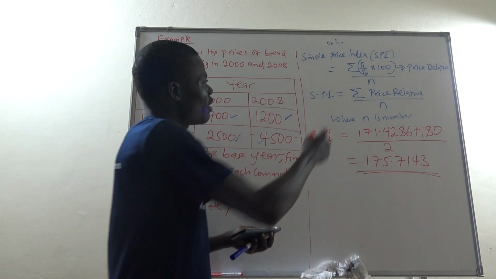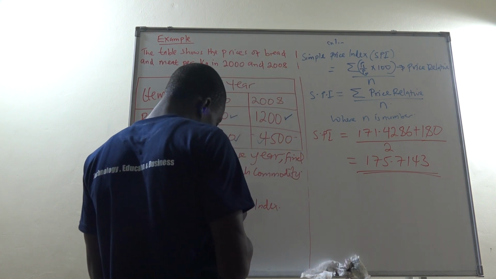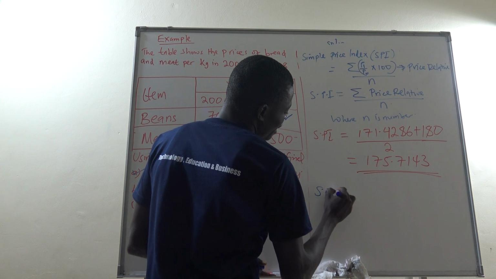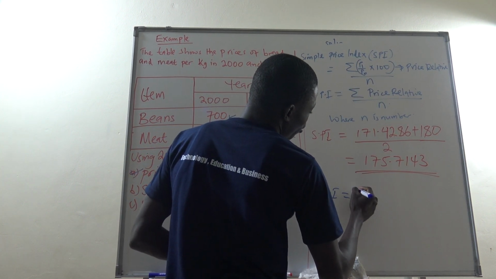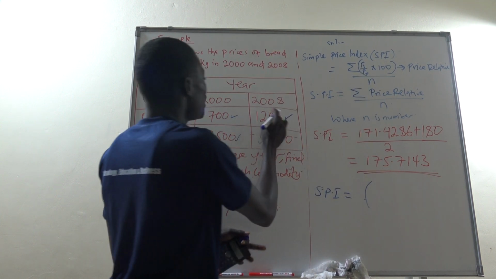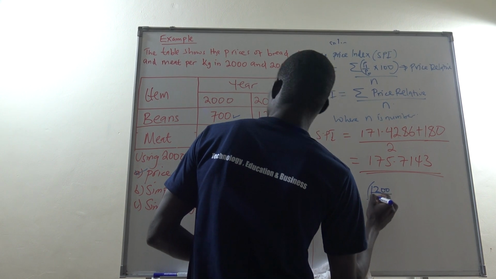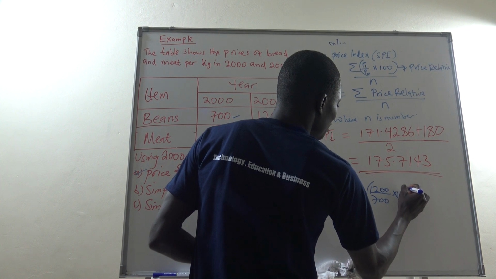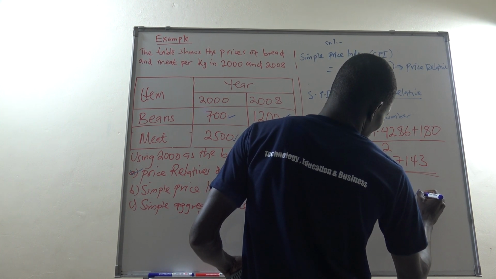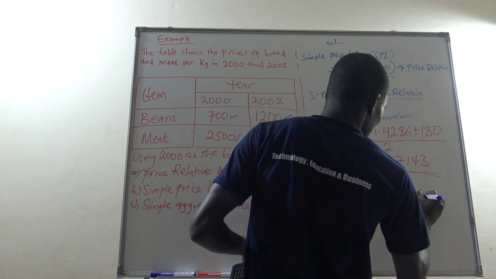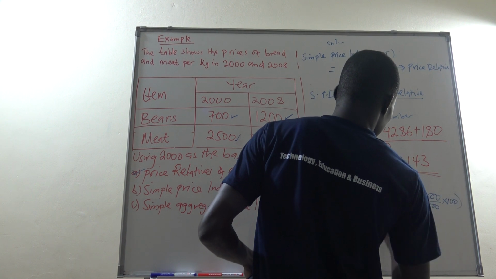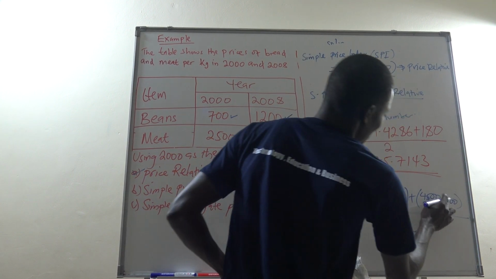That's using that method. But if you want to use the first method, our simple price index is given by the summation, the total, of P1 of beans, 1,200 out of 700 times 100, plus another 4,500 out of 2,500 times 100, divided by the number, which is 2.